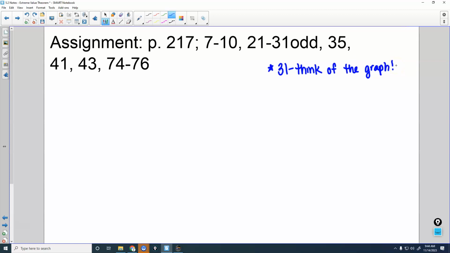So think of what the graph is. If you need to, you can graph it on your calculator or Desmos. Let's see. 35 is a trig one. I do want you to do that. 41 is an e. 43. Yeah. Let's see what the 74, 76 is.